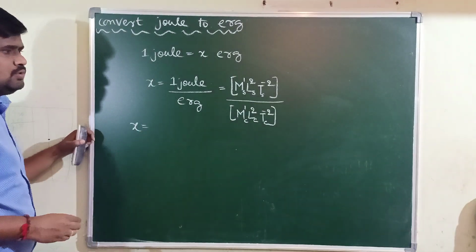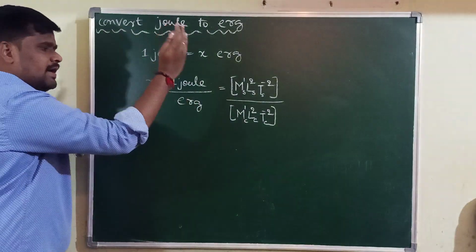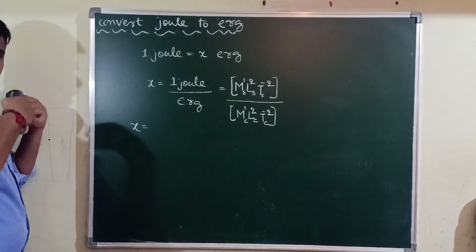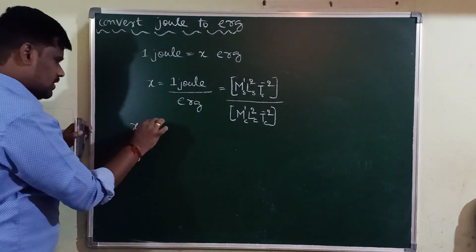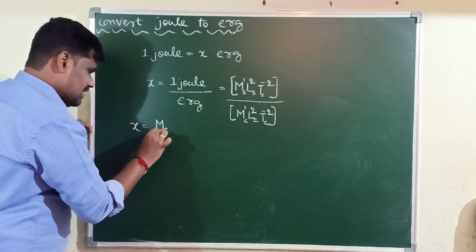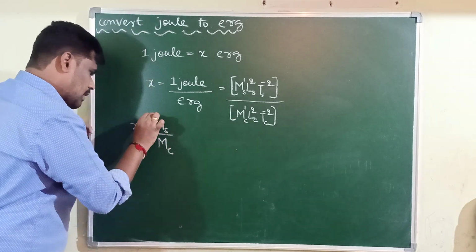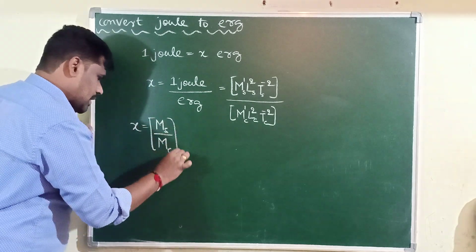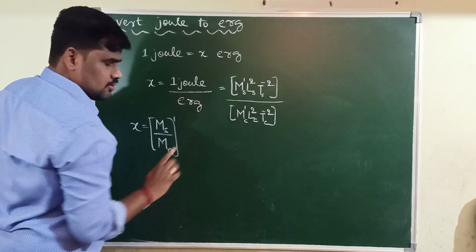X is equal to, we will separate M, L and T terms. What can I write now? MS divided by MC to the power 1, because here M power 1, here also MC is to the power 1.